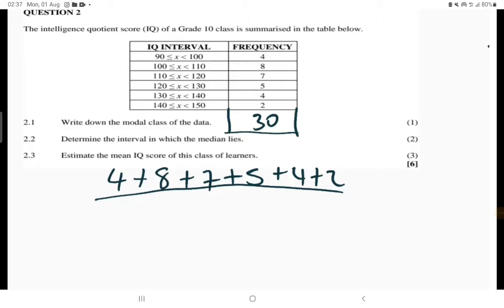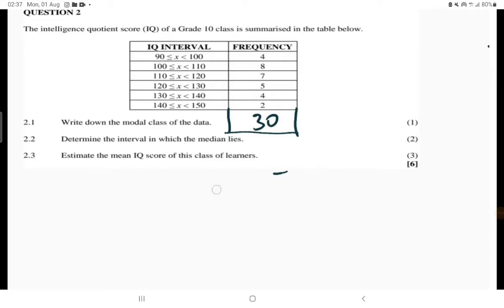Okay, so this is how we find the value of n, especially when we have to use our position formula. Now, what are we having? The first question says, write down the modal class of the data.